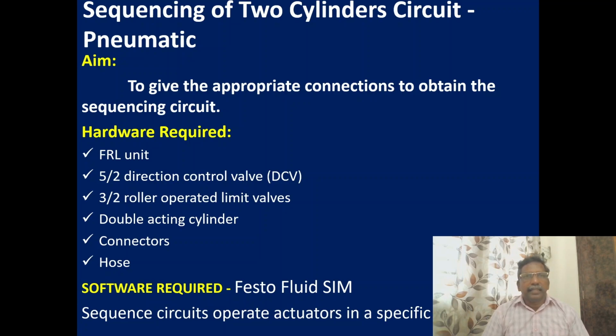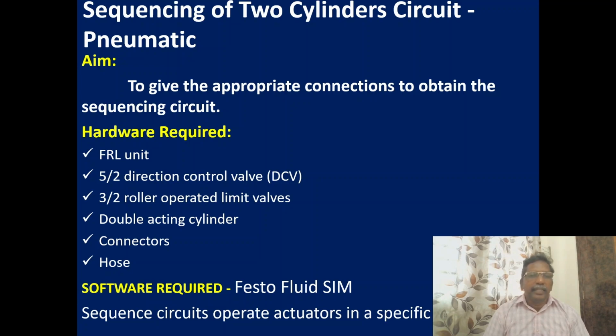Like earlier, when we discussed the continuous actuating cylinder, here also we need some hardware elements, especially a supply unit, control units, then the actuating system and connectors.